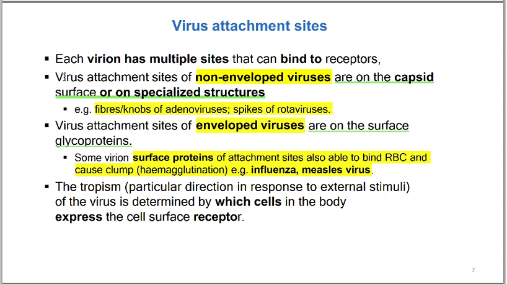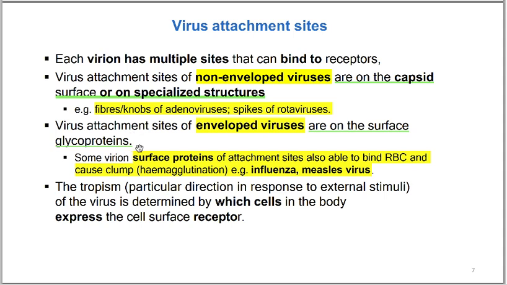That means, like an antibody-antigen epitope, virions have multiple sites on their surface that can react with the receptors. Virus attachment sites on non-enveloped viruses are on the capsid surface or on specialized structures that we already studied: fibers, knobs, and spikes. Virus attachment sites of enveloped viruses are on the surface glycoproteins.